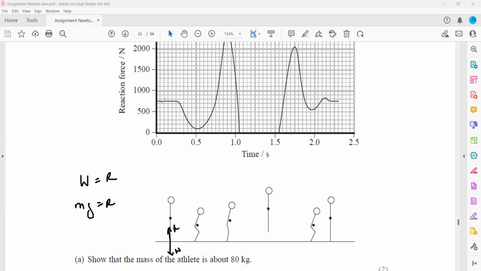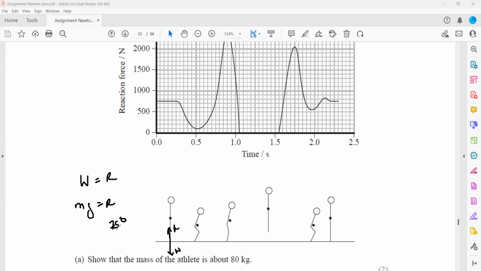What about R? Each box is 1, 2, 3, 4, so each box is representing 50, or 100, sorry. So this is 600, 700, and 750. So this is 750, and the normal contact is 750.